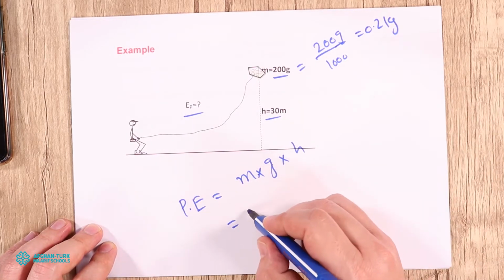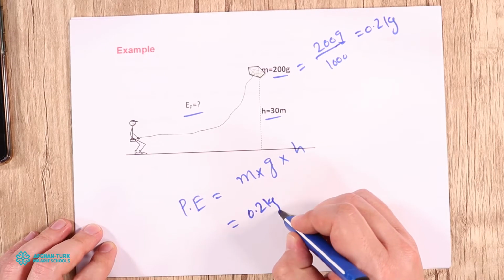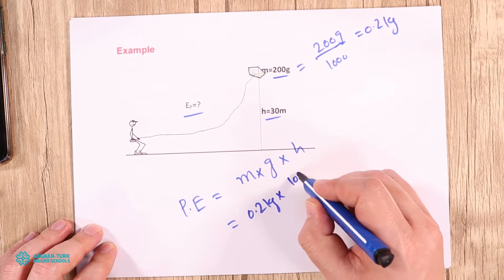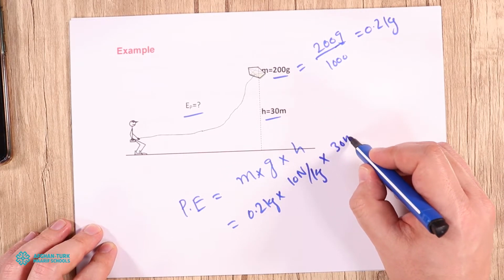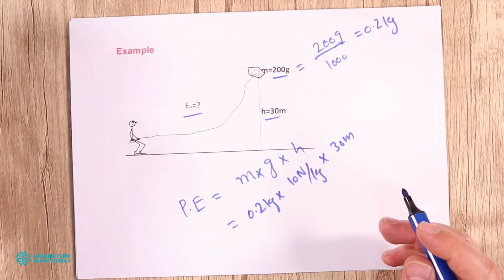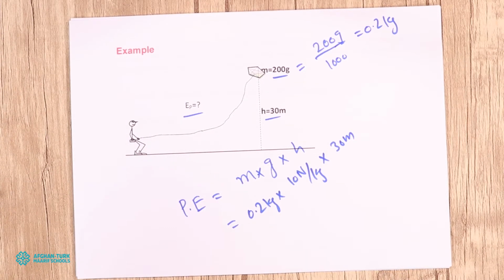Okay, let's put in the values. The mass is 0.2 kilogram, g is 10 Newton per kilogram, multiplied by 30 meters. Okay, so let's calculate the value. So what is the answer?